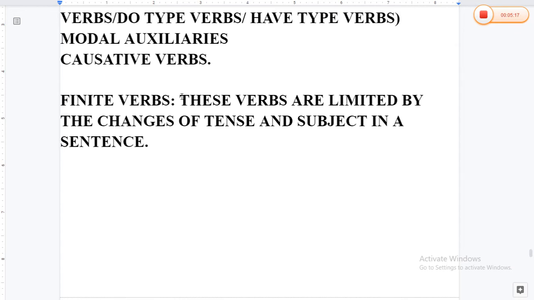Okay. What do you understand by this point? These verbs are limited by the changes of tense and subject in a sentence.